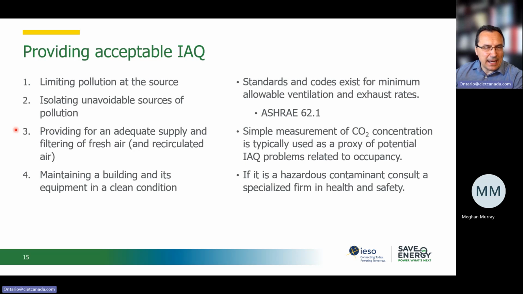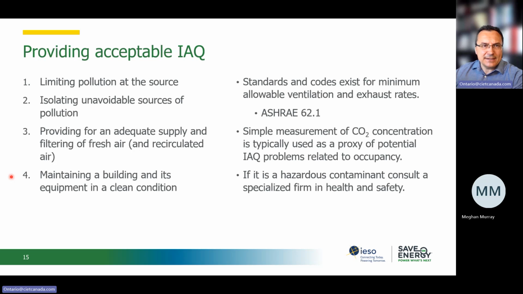We provide adequate supply of fresh air and filtered fresh air so that we can mix with the return air and reduce the concentration. And all this can be done if we maintain properly designed equipment in good operating conditions.